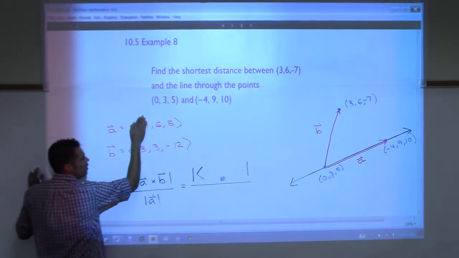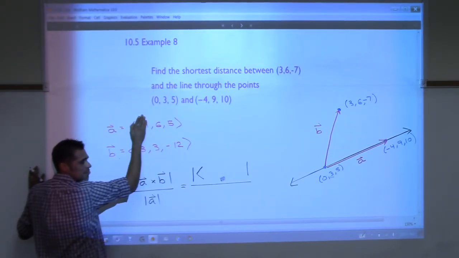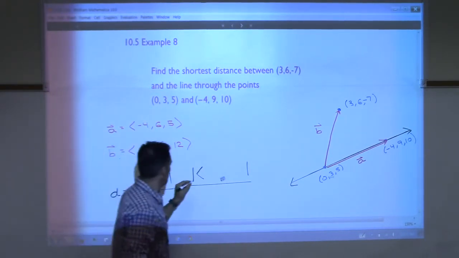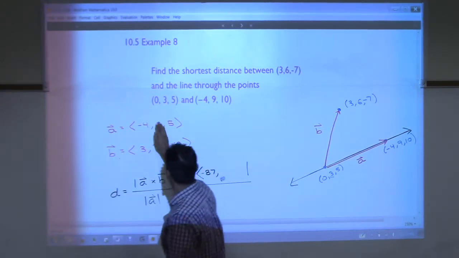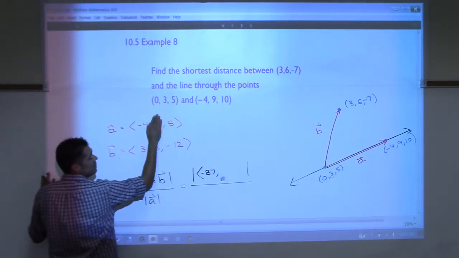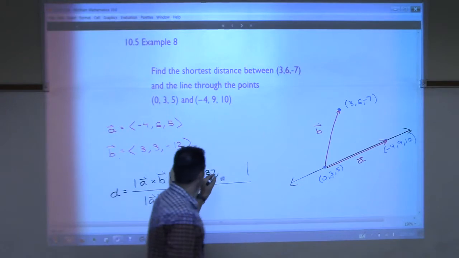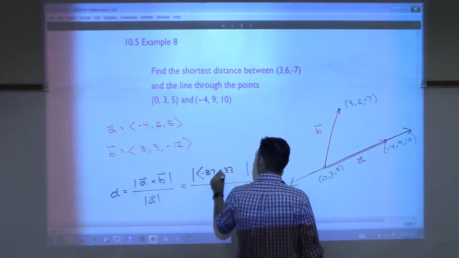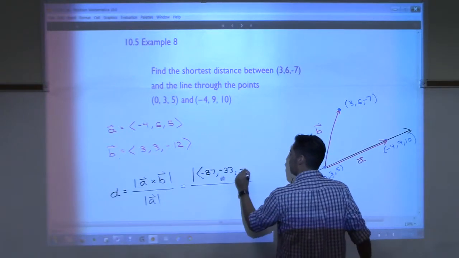So what's the first component of the cross product? -87. And then to get the middle one, I've got 48, take away 15. I can't do that. What is that? Negative 33. And then the last one is negative 30.